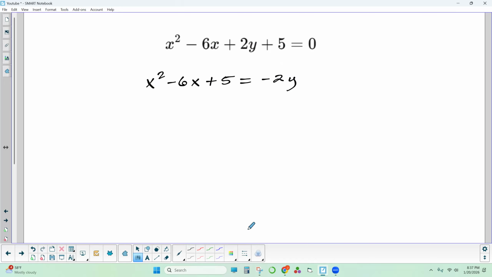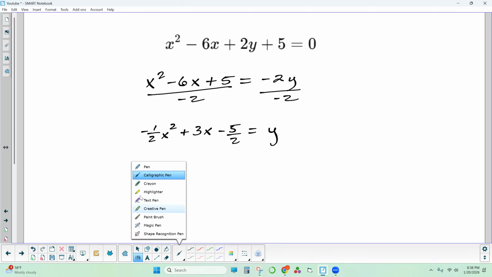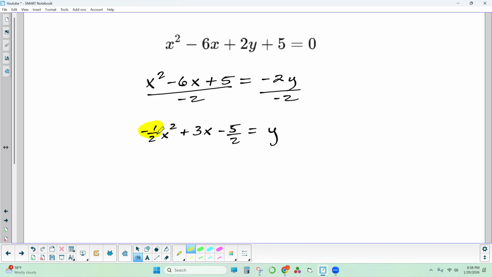I'll take both sides and divide them by negative 2. That gives me negative 1 half x squared plus 3x minus 5 halves equals y. Now it's in standard form. I like to write this first and establish that our a value is negative 1 half.